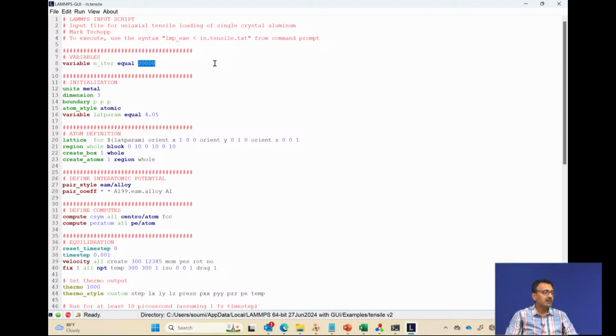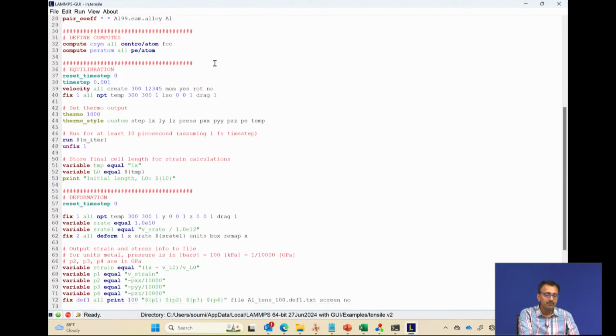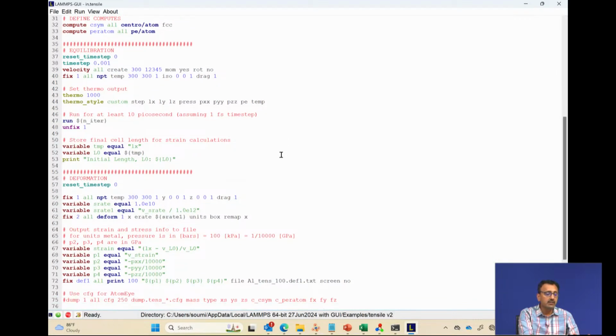If you are far away from equilibrium at the initial structure, then sometimes you might need to run an equilibration of several nanoseconds, but in this case we are starting from an aluminum structure that is already equilibrated. So, I think even 20,000 is not required, but we are just running it for 20,000 steps. So, that's all there is as far as the equilibration is concerned.